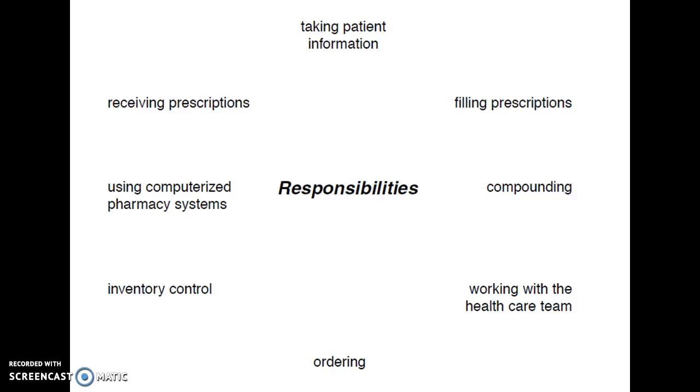Of course, using computers, we talked about that in chapter 1, something that is very, very important. And then we have also talked about receiving prescriptions that can be filled. So these are the responsibilities, and these responsibilities fall under the scope of practice.